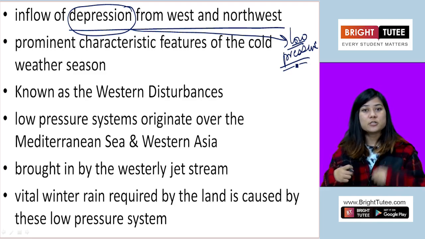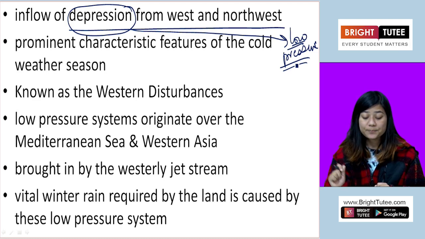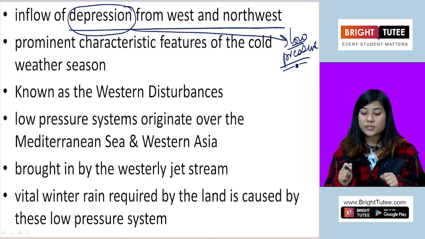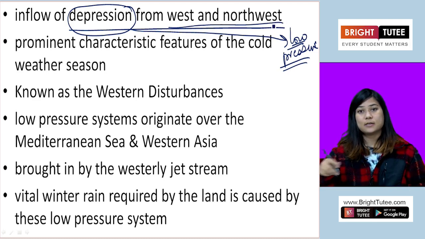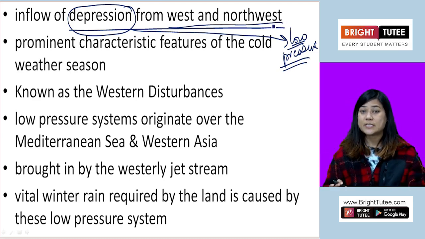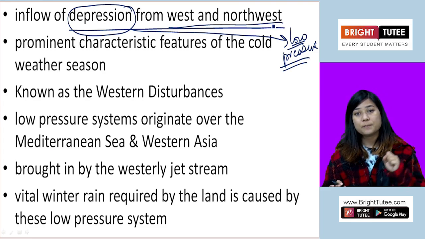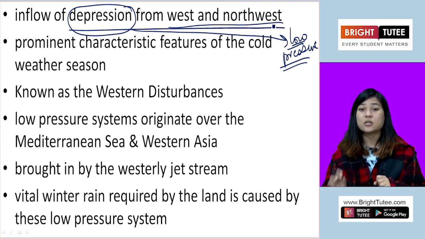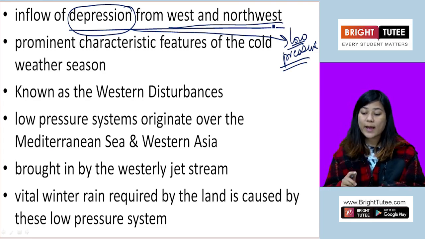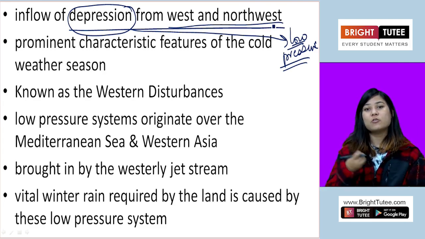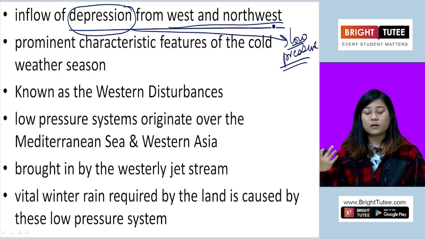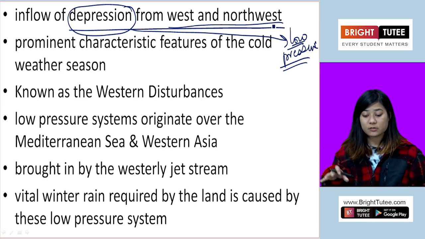When the temperature is low, the pressure is high. So the low pressure or the depression from the west and northwestern part of India is also another main characteristic feature of the winter season. Why? Because this also influences or affects the season of this particular time. Okay.